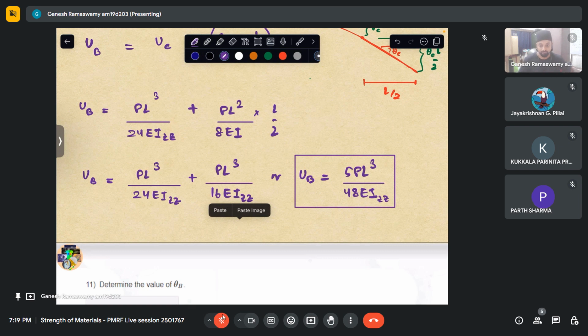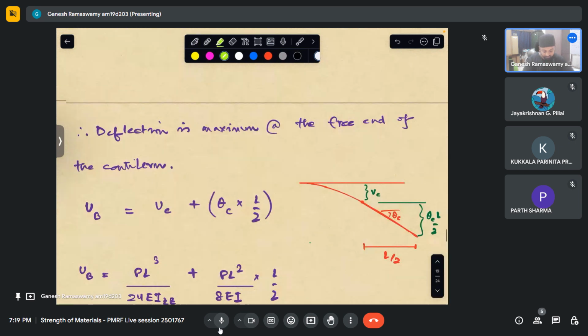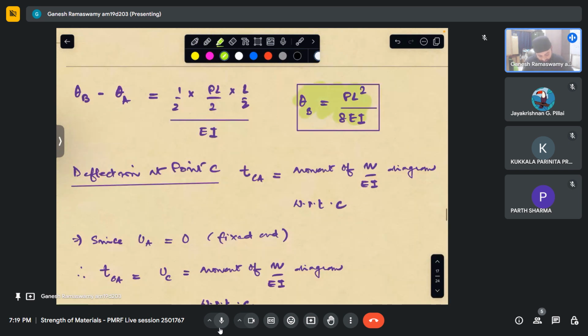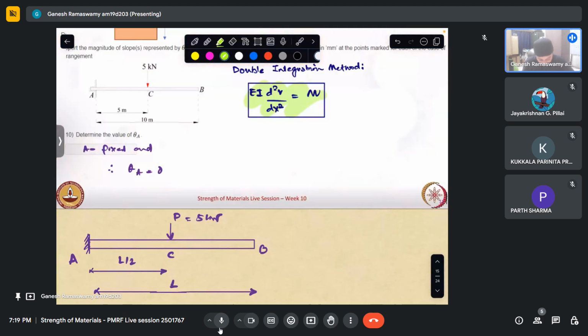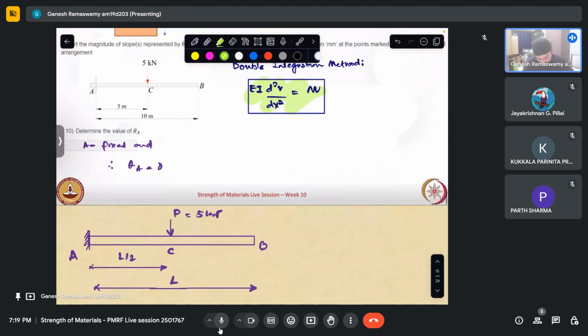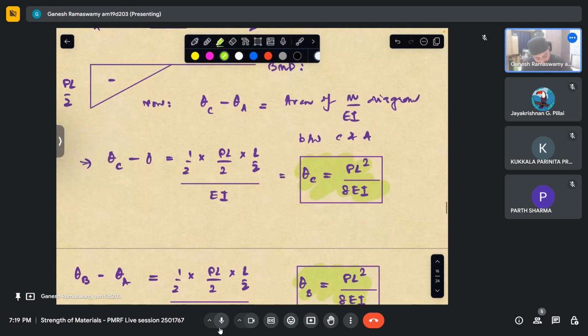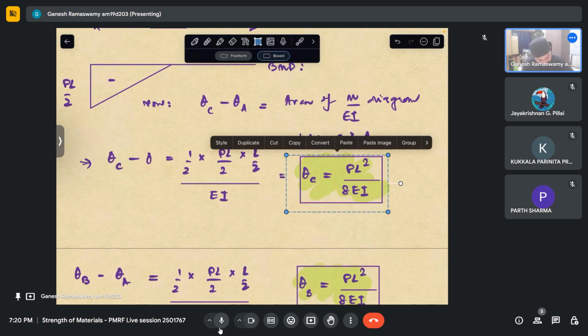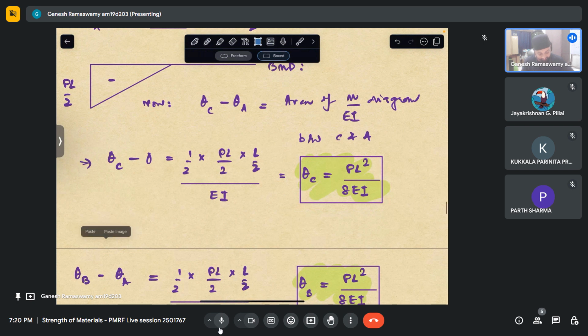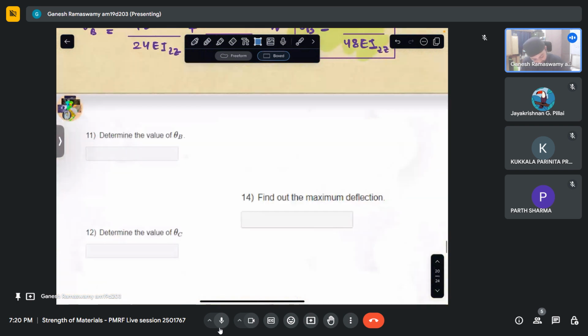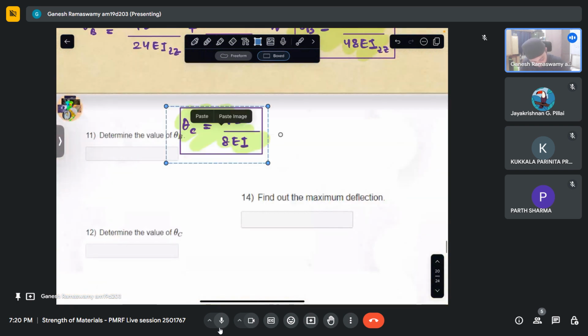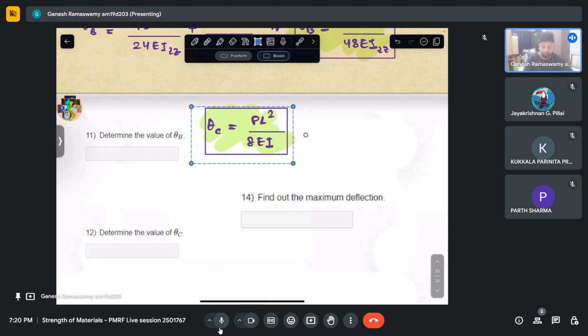Yeah, sorry about that. So we have got this as the maximum deflection at the free end. All right. So let us plug the values and find out. So theta A, we know it is 0. Theta B and theta C have the same expression, which is this, and the question is for 5 kilonewton.